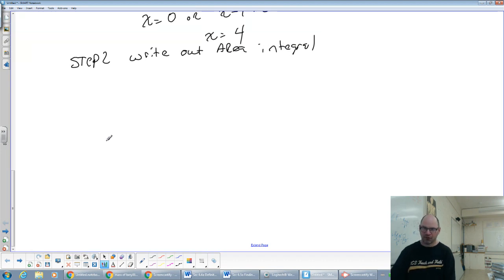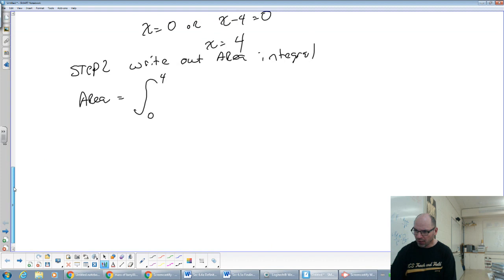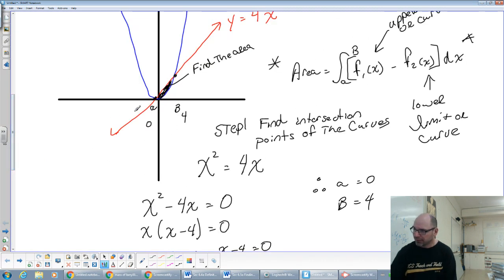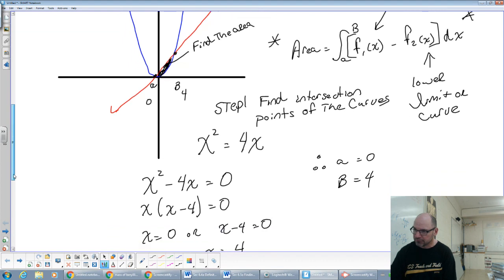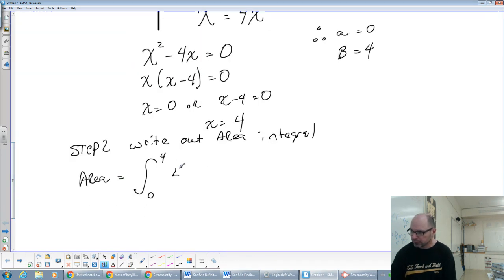Okay, so in our case, it's going to be area equals. Okay, so it's B to A. So B was up here, so it's 4 to 0 of our upper curve is the line 4x minus x squared.